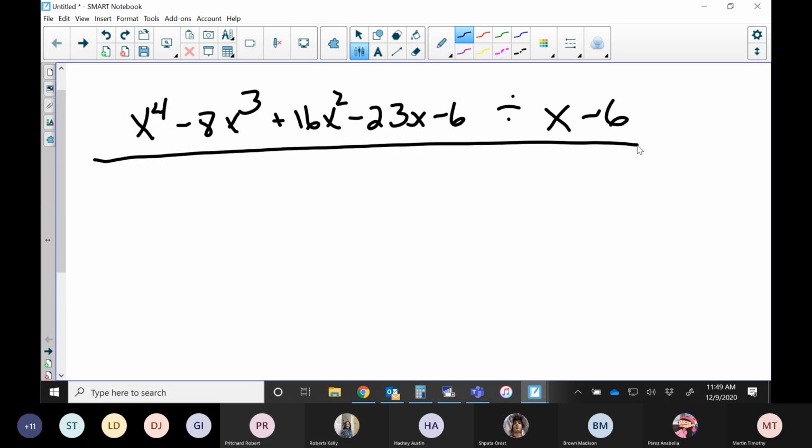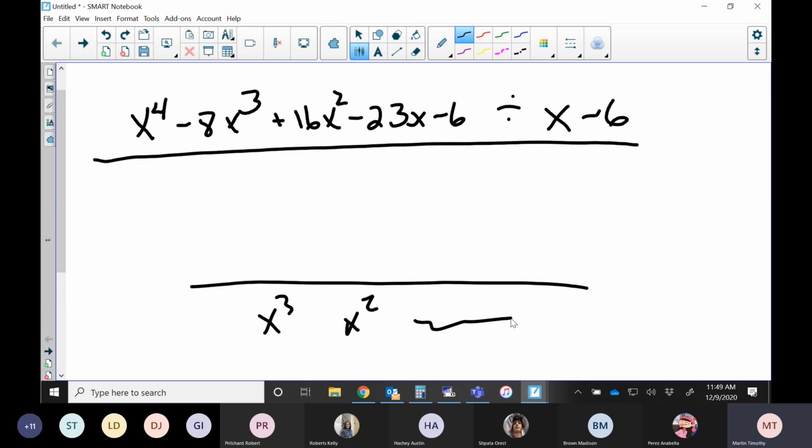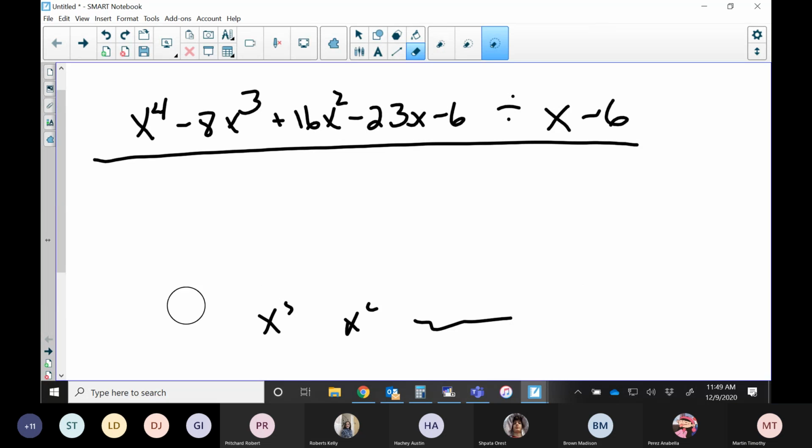To divide. You're actually going to do the division. So your answer is going to be the full equation. Like it'll have some x to the third, some x to the second, blah, blah, blah. Have that whole answer. Yes?